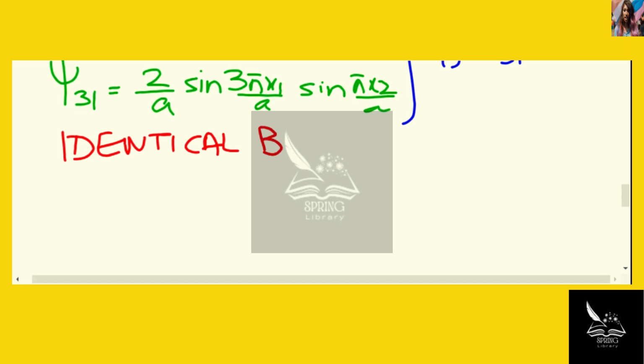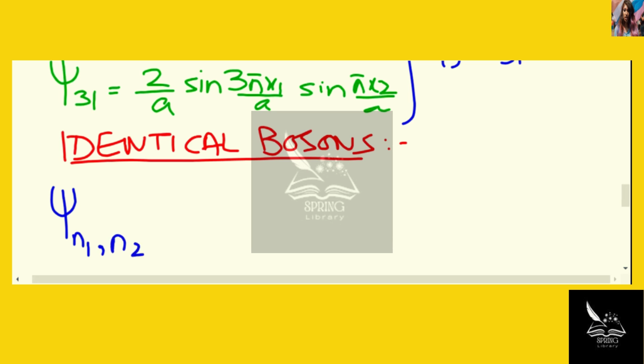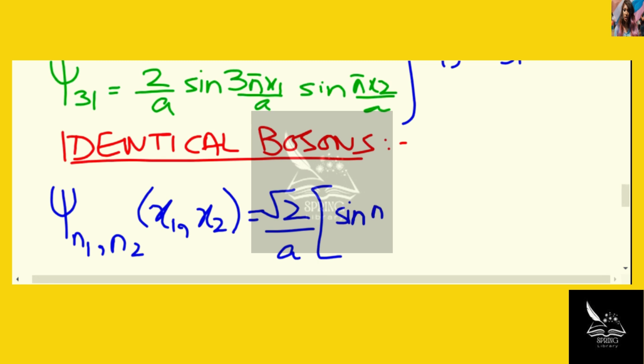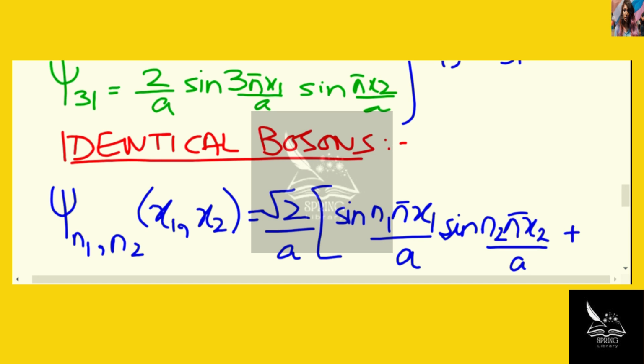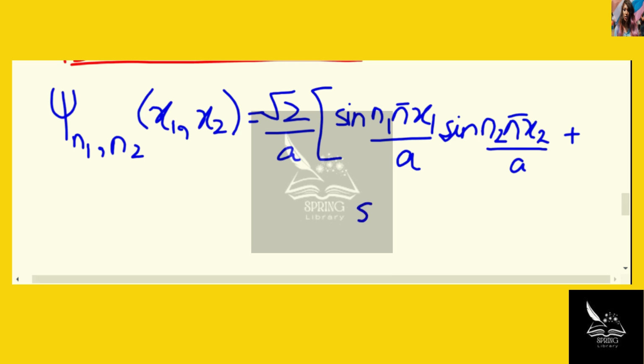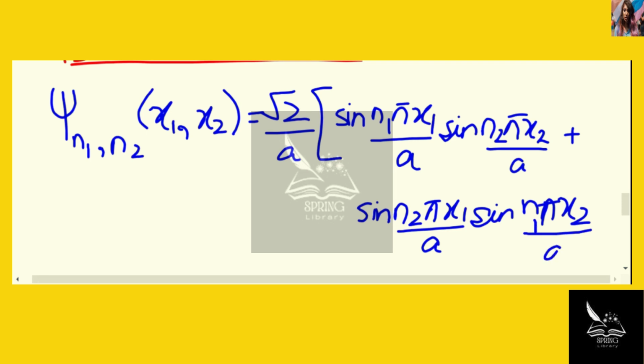So for identical bosons, the total wave function is written in this equation: wave function psi n1, n2 of x1, x2 is equal to under root 2 divided by a, square bracket, sine n1 pi x1 divided by a sine n2 pi x2 divided by a, plus, I'm going to write the next term in the next line, sine n2 pi x1 divided by a sine n1 pi x2 divided by a, right?